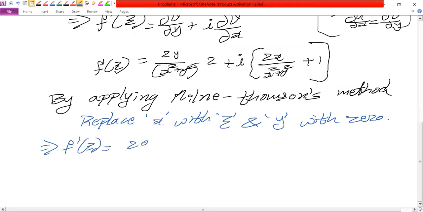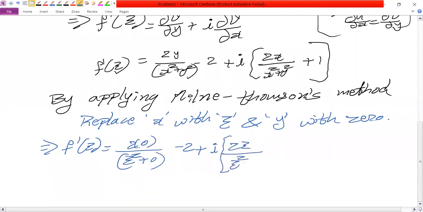2 into 0 by z square plus 0, minus 2, plus i into 2x, where x is nothing but z, so 2z by z square plus 0, plus 1.